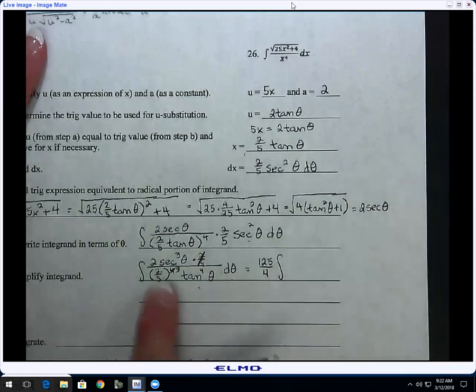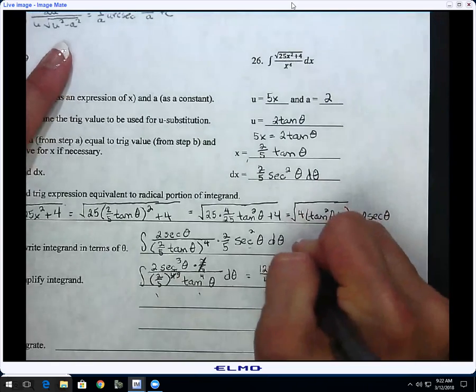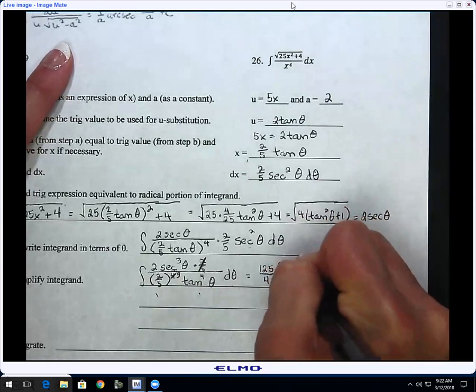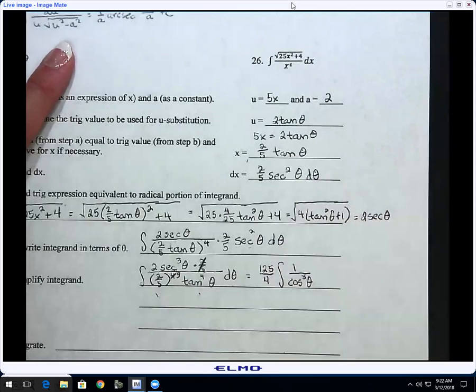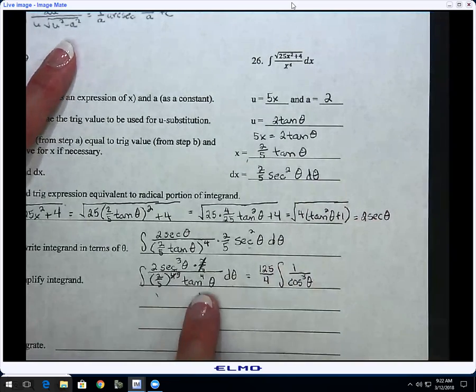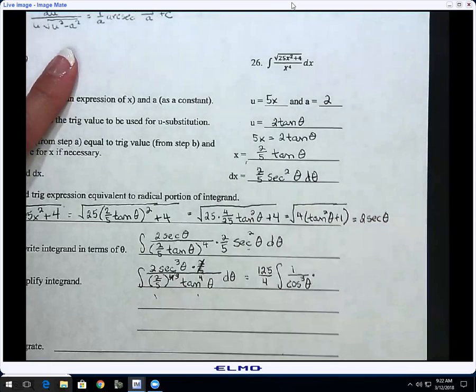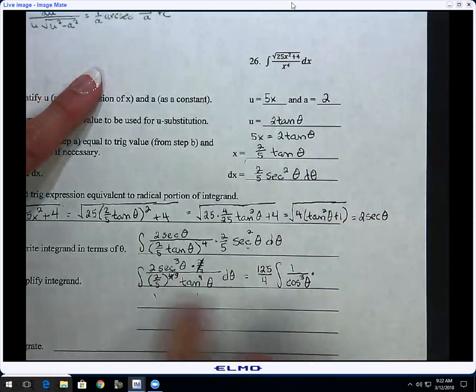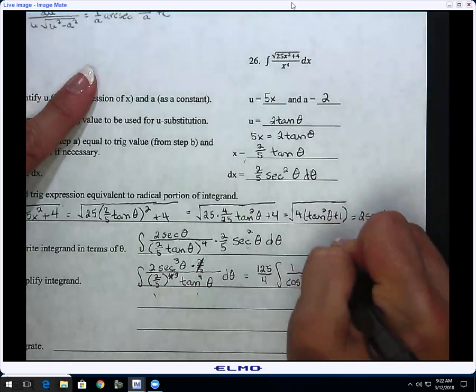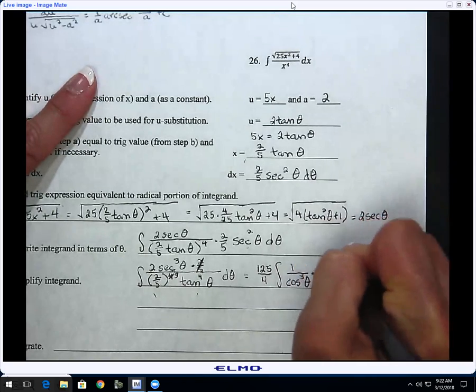But I'm thinking if I write that secant cubed as 1 over cosine cubed, and dividing by tangent is the same as multiplying by cotangent to the 4th, would be cosine to the 4th over sine to the 4th.